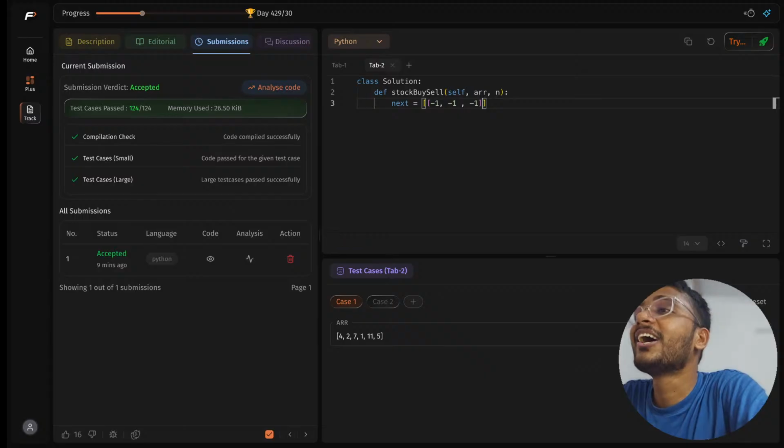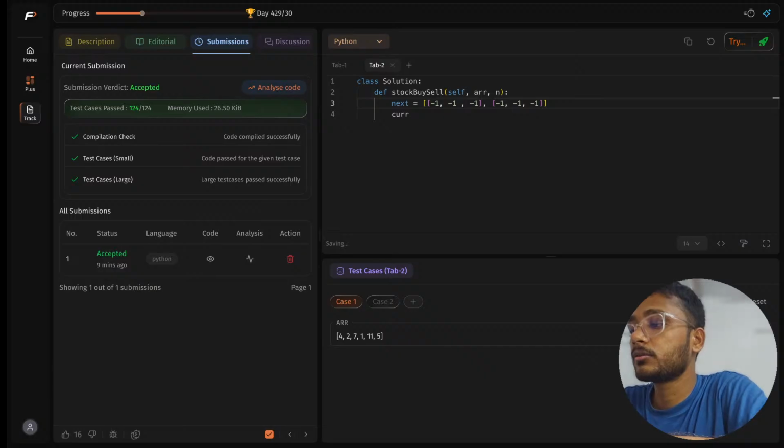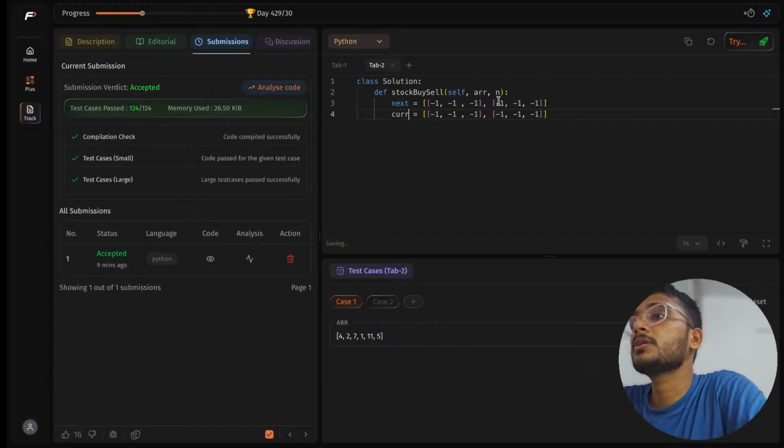Okay, one more thing. If capacity is 0, that means it will be 0, right?